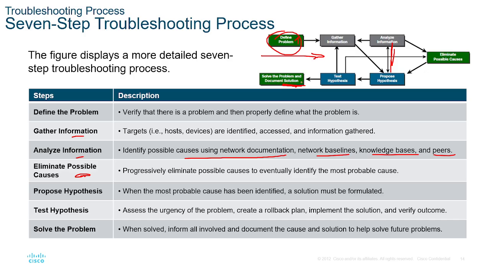If the test was correct, you have found the problem and you need to update the documentation. If not, you need to eliminate that possible cause. You may say, the switch power cord has no problem. You need to eliminate it, and return back to gather information.